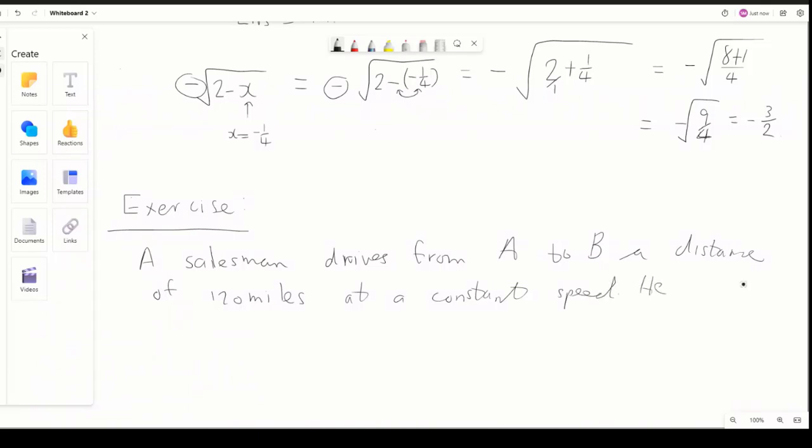He then increases his speed by 10 miles per hour to drive the 150 miles from B to C.